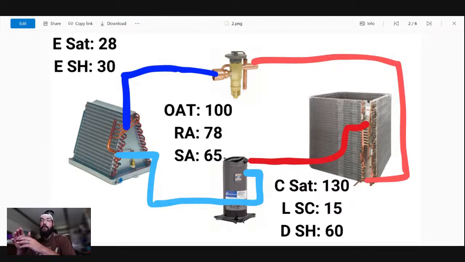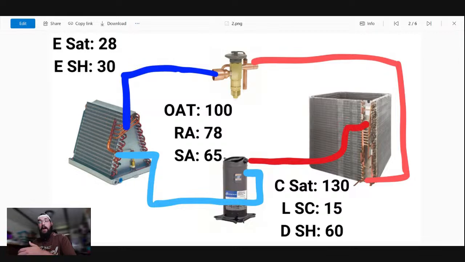So we've got 100 degrees ambient. This is a standard modern system. I'm expecting a 15-degree split from the ambient to the condenser saturation, and so we're twice that. We're at 130, and I'm using a target of 8 to 12 on my liquid line subcooling. We're running 15, so we've got a little bit excessive liquid line subcooling.